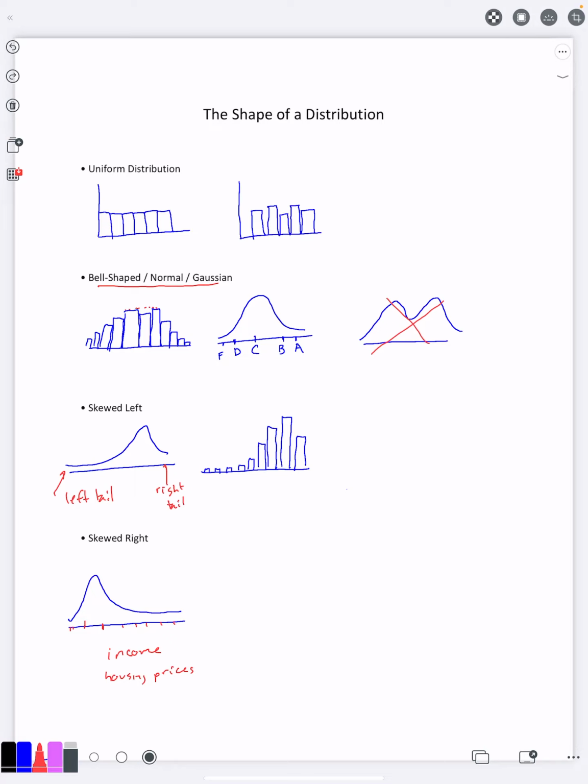Those are going to be data points way out here on your graph, like 10 million, 20 million, 30 million, whereas most homes are maybe in the 500,000 range in Orange County. So you can have skewed right graphs, you can have skewed left graphs. To be honest, I've never really had a lot of good examples for naturally skewed left graphs, and I'd be happy if anyone comes up with one and shares it with me.